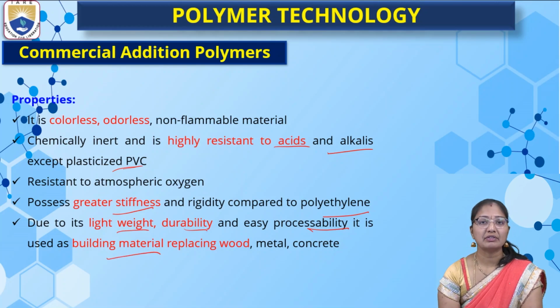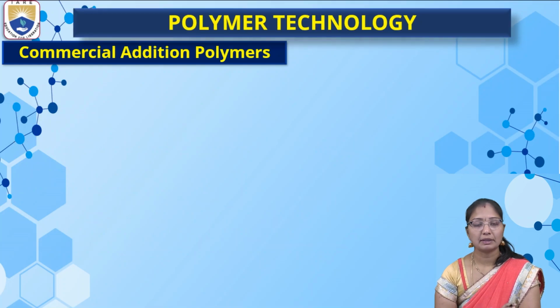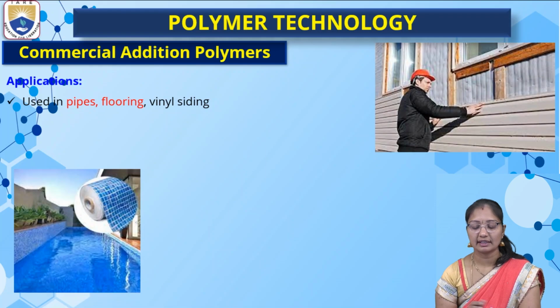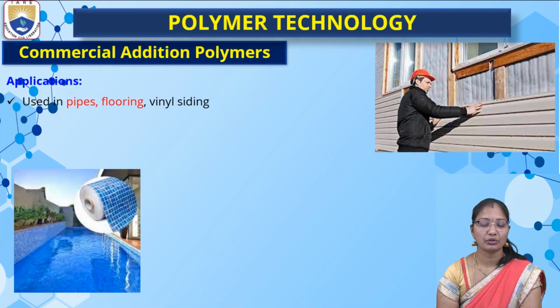Nowadays, due to its chemically inert nature and rigidity, PVC is replacing wood and metal in building materials, and all the windows and even doors are made of PVC. It is also used in pipes, flooring and vinyl sidings. The sliding doors we have in households are due to vinyl PVC.